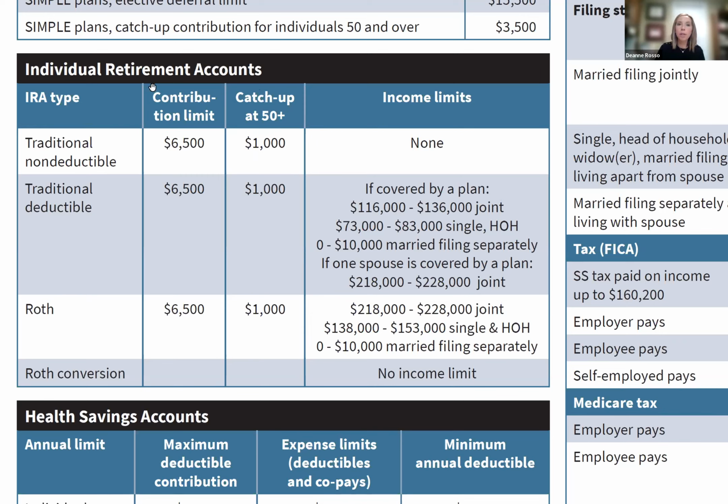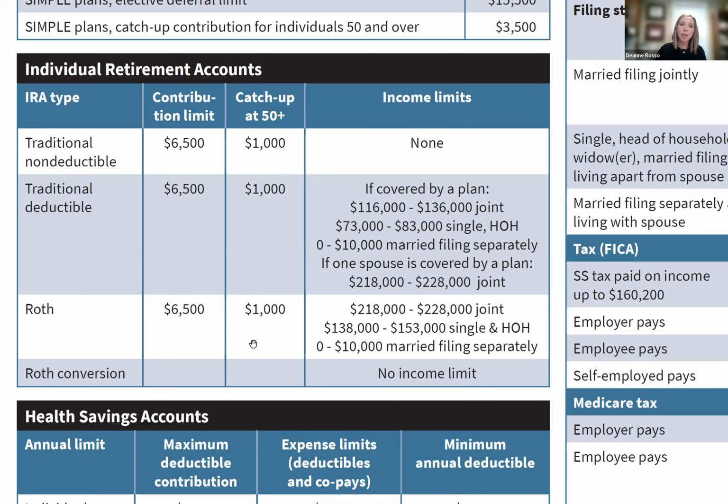So you could put $7,500 if you're over age 50 in an IRA if your income is higher and just not deduct it. And then you could consider the strategy of converting those funds, no income limit on Roth conversions, into the Roth. And that's a way that higher income earners can sometimes, with other caveats met, following the rules, that's sometimes a way that higher income earners are able to save by doing Roth conversions.